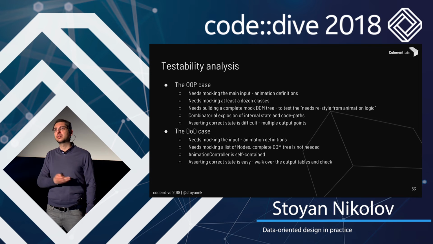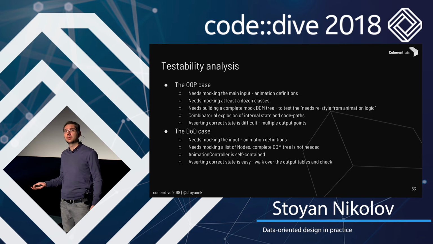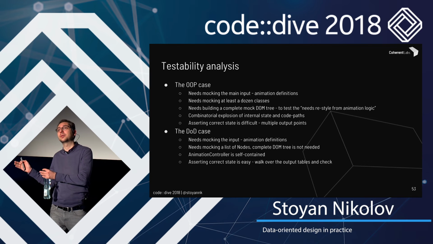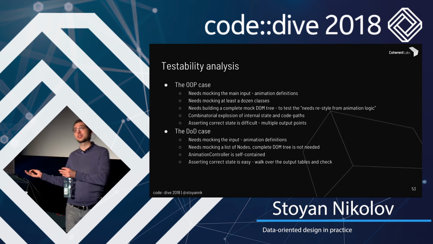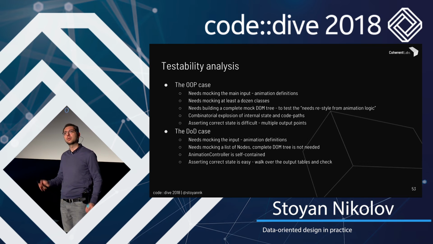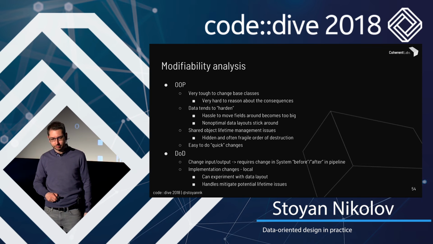You have a very well-specified input, a very well-specified output, and as long as the input produces the output that you expect, the system is probably working fine. And you can also test it in a very controlled environment without reaching out to other systems.